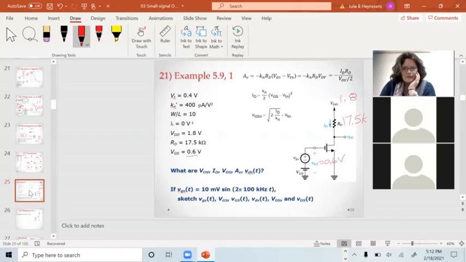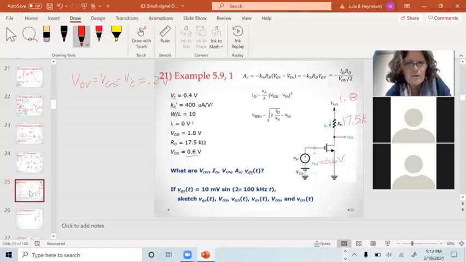We want to calculate ID. That seems to be the first thing I could do, or the overdrive voltage. The overdrive voltage is VGS minus VT. So I'm given VGS is 0.6, my VT is 0.4, so this is 0.2.